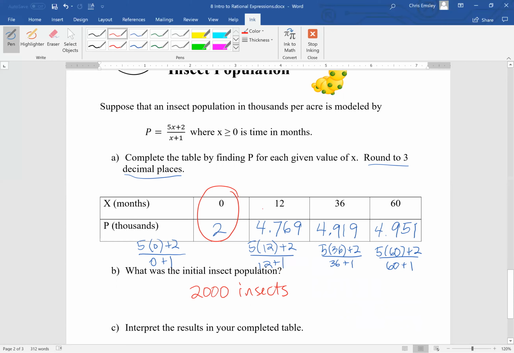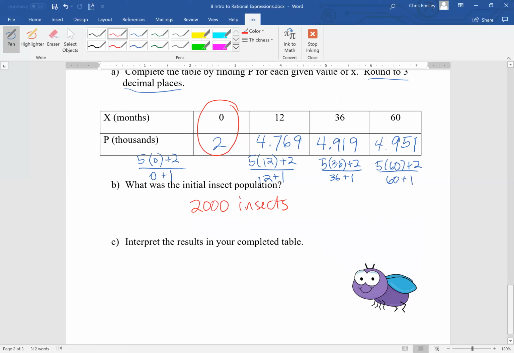As the number of months go by, this number looks like it's getting closer and closer to the value 5. So you might say the number of insects is nearing 5,000. Okay, and that's it for this video on rational expressions.